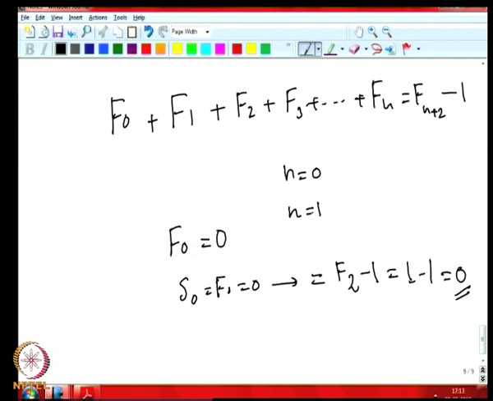For n equal to 1, we get f0 plus f1, which is S1. That is 0 plus 1 is equal to 1. This is equal to f3 minus 1. f3 is how much? f3 is 2.